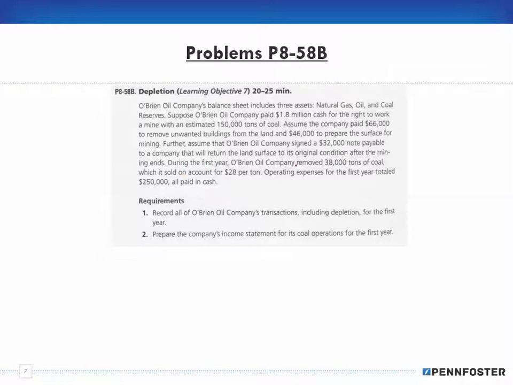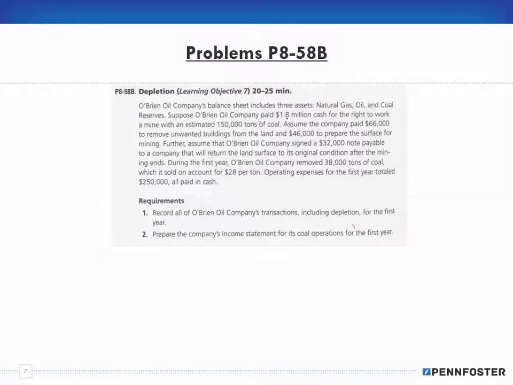During the first year, O'Brien Oil Company removed 38,000 tons of coal, which is sold on account for $28 per ton. Operating expenses for this first year totaled $250,000, all paid in cash. Record all of O'Brien Company's transactions, including depletion, for the first year. Then prepare the income statement for its coal operations for the first year.